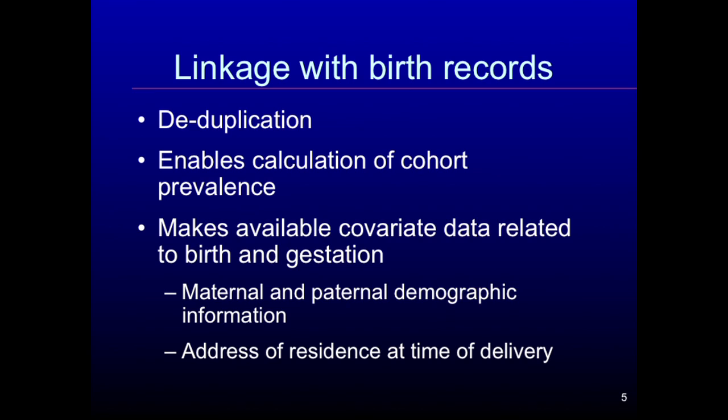You can't do this until you link your birth records and your DDS records. California, like many states, has vital statistics that are very well developed. So this also means that we can have covariate data, like maternal and paternal demographic information, the address that mom had at the time that she gave birth, things like that. That might not necessarily be in the DDS records, but it will be in vital statistics.